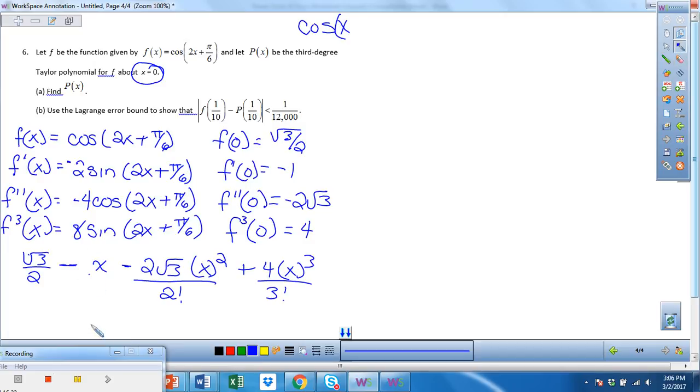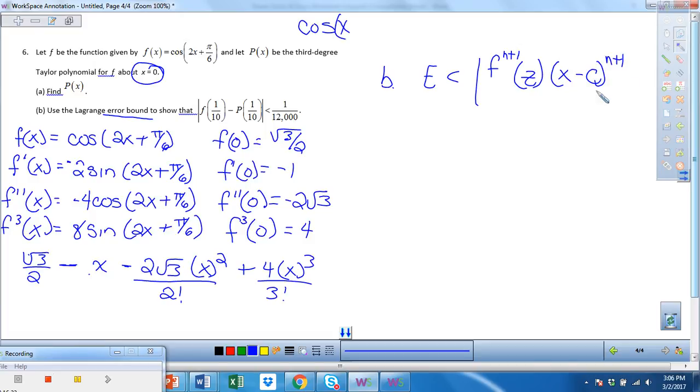Okay. All right. So this is our polynomial, and we want to know if the Lagrange error bound is less than 1 over 12,000, if we are estimating 1/10. Okay? So, again, our formula is the error has to be less than f of n plus 1 of z times (x minus c) to the n plus 1 over n plus 1 factorial.